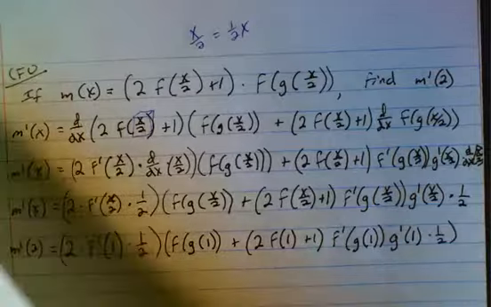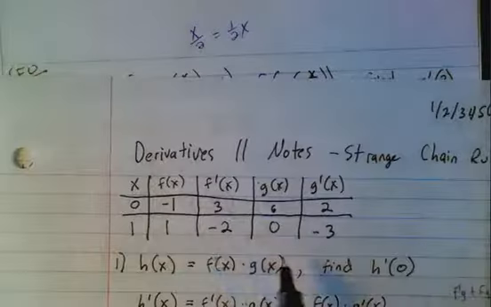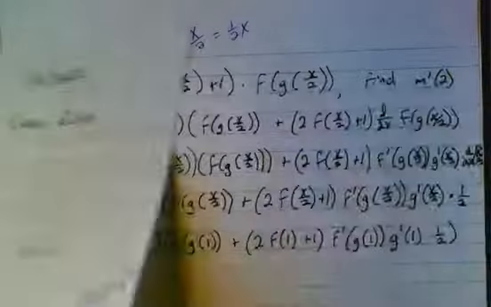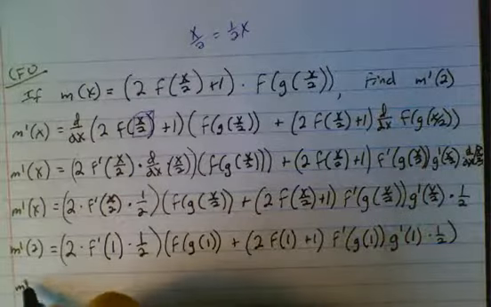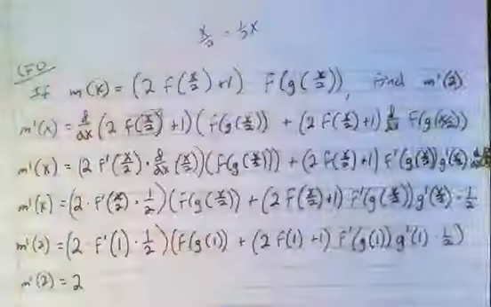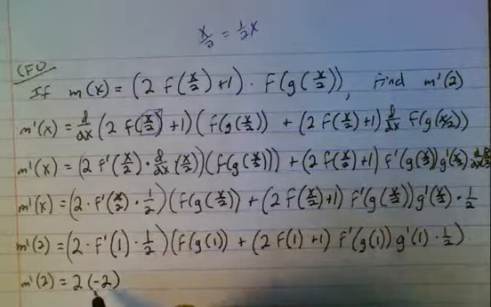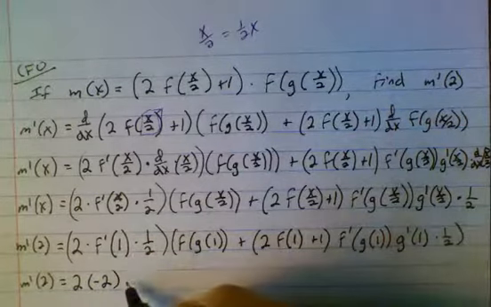Now we're going to come back over here and look up each of these numbers. We're looking in this column right here, this row right here. So m prime of 2, f prime of 1 right there is -2. I'm going to take out that f prime of 1 and write -2. Multiply by 1/2.